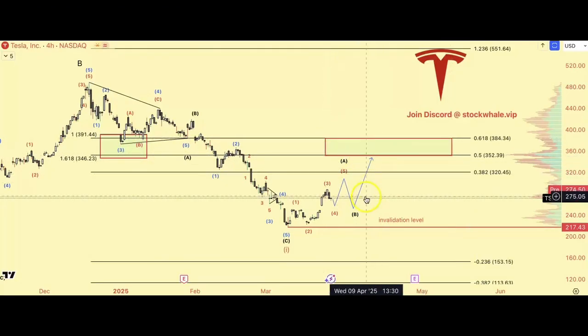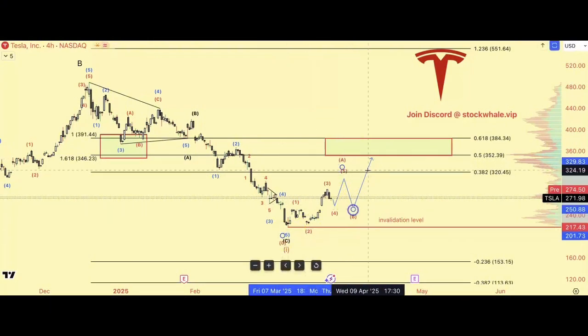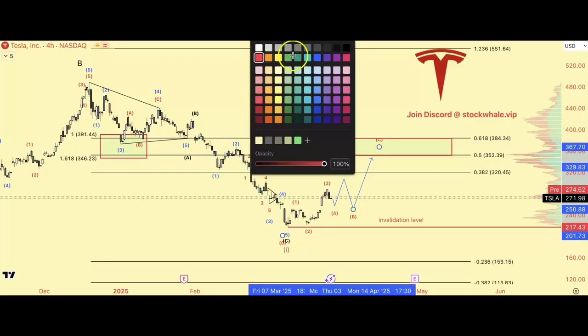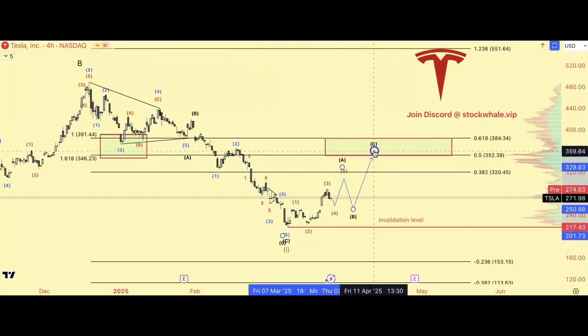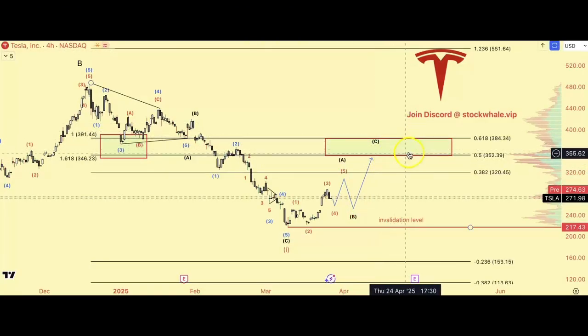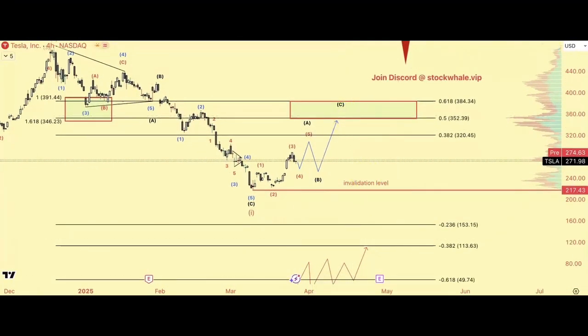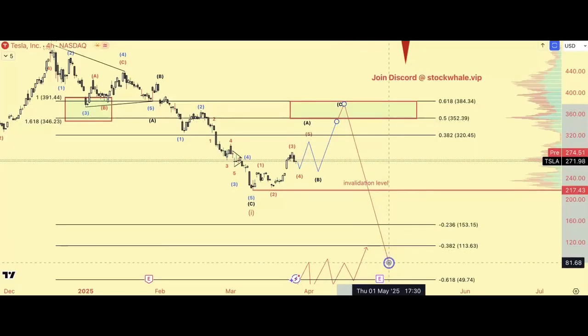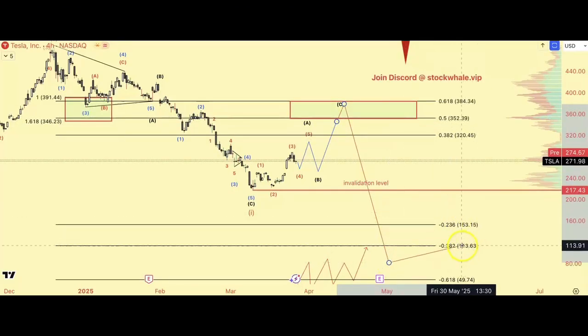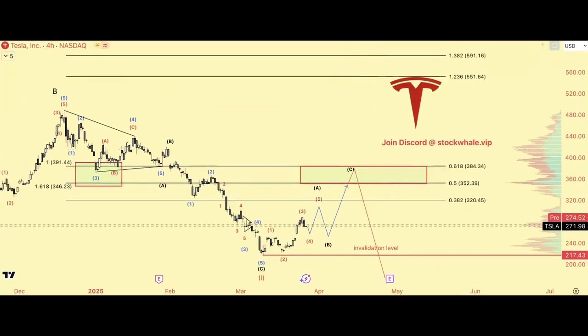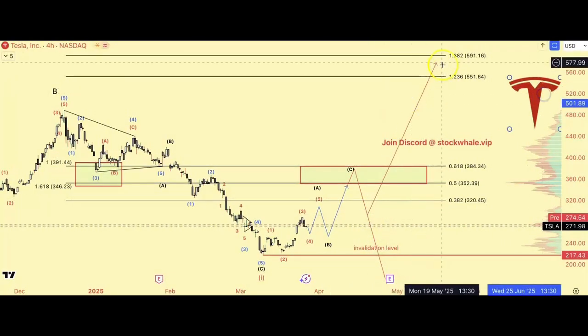This would be the main target for this potential 3-leg move up, A, B, C. We want to see that 3-wave move up and let the market decide what it's going to do at this point, between 352 to 384. Because from this level, either we're going to pump down like this, get closer to 113, 153, or we keep this higher low and pump up to 551 to 600.